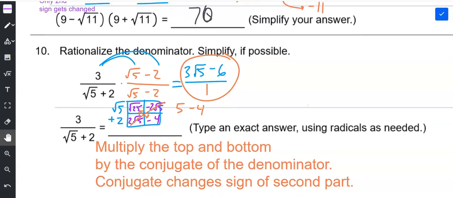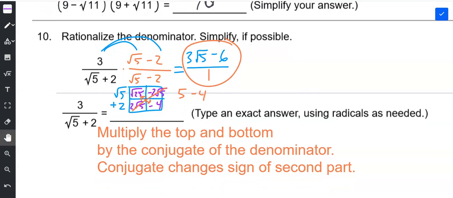For instance, we're going to have a process called rationalizing the denominator. Now, to be honest, rationalizing the denominator doesn't need to be done anymore because we used it when we didn't have calculators. Dividing by a really long decimal that never stops and never repeats is not exactly fun.